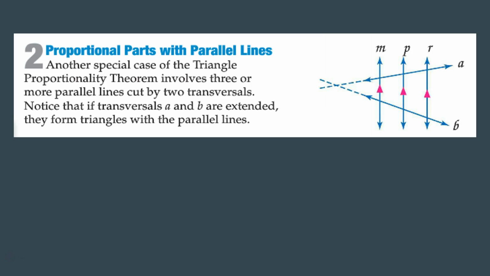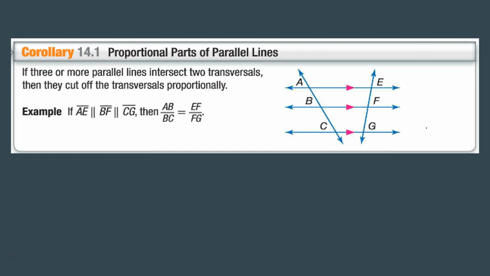Proportional parts with parallel lines. So this is another case of the triangle proportionality theorem that involves three or more parallel lines cut by transversals. And notice that these ones are extended out a little bit more, but we have three parallel sides. Alright, proportional parts of parallel lines.